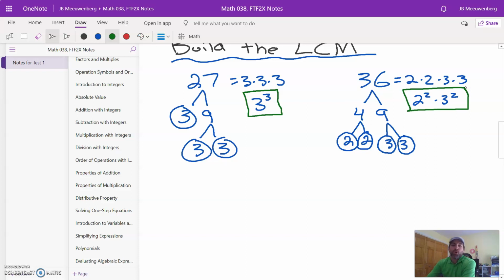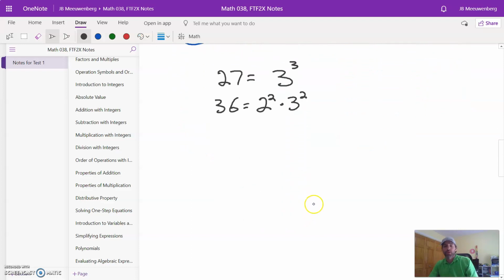So now I'm going to come down here and rewrite these. 27 is equal to 3 to the third. 36 is equal to 2 to the second times 3 to the second. So, scroll up. To build the least common multiple, what we want to look at are these prime factorizations.